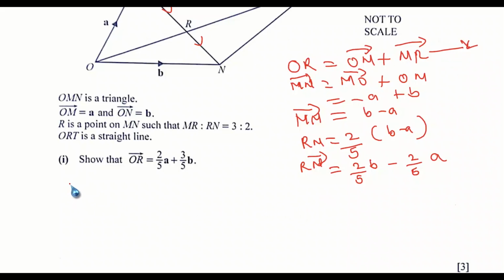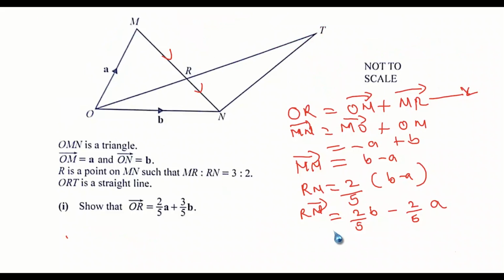So we have OR now equal to ON, that is b, then plus NR. We know that OR equals ON plus NR.